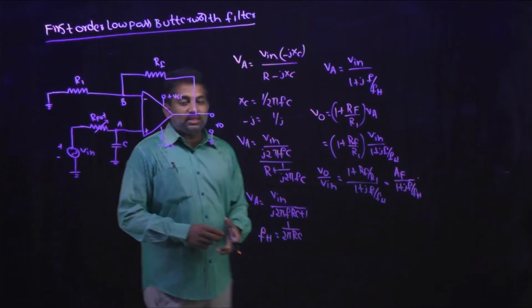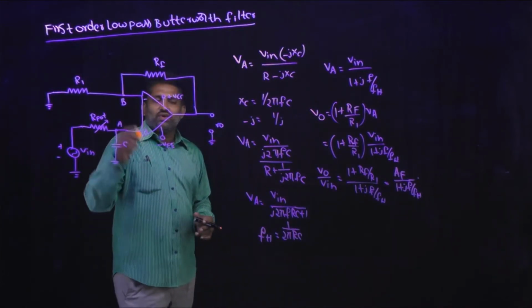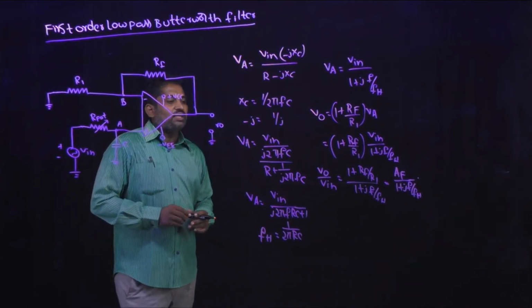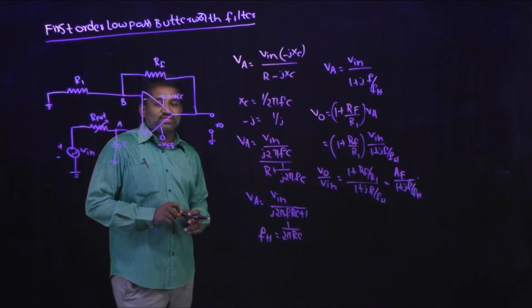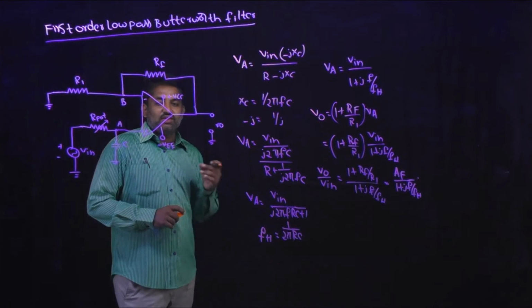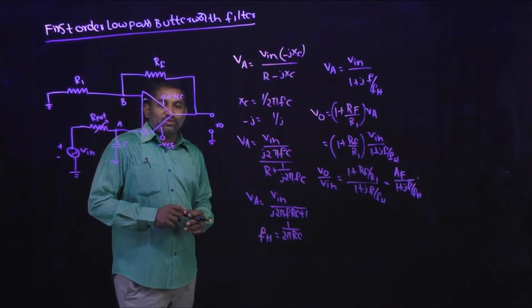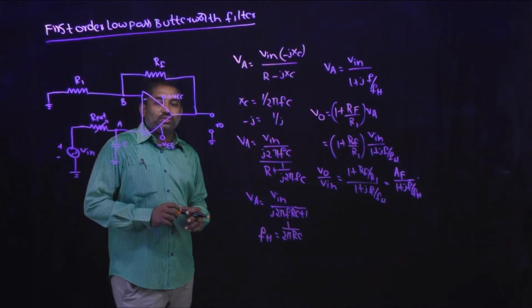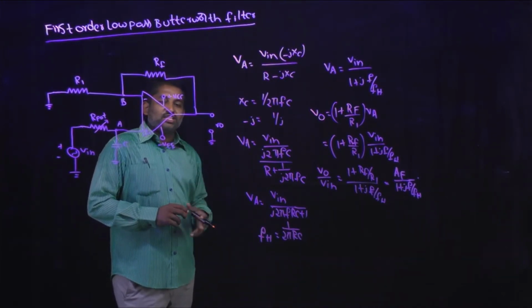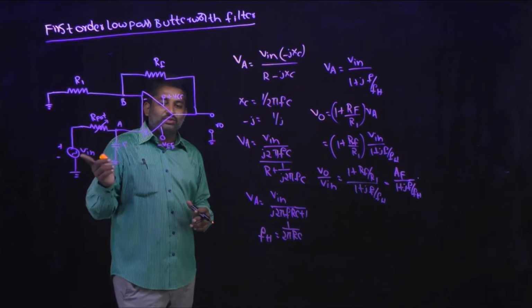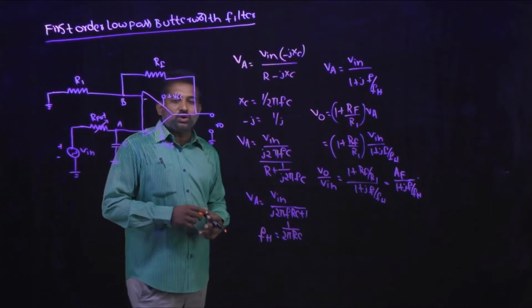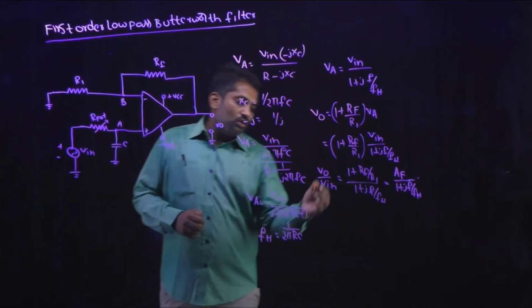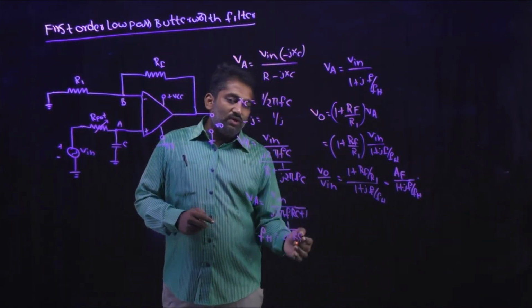Which is nothing but the gain of the first order low pass filter, AF divided by 1 plus j F by FH, where FH is the cutoff frequency and F is the operating frequency. By proper selection of the values of F, we are going to draw the frequency response curve by using the magnitude value from the transfer function, which is also called the gain. So what is the value of the gain?